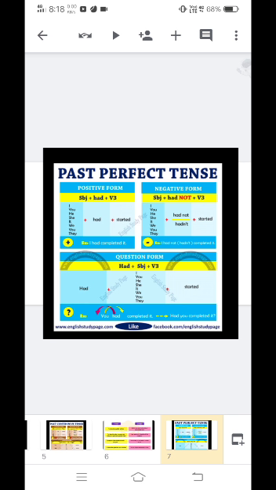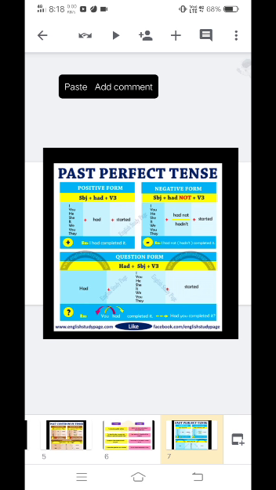Its negative is formed by putting not after had, like we have here I, you, he, she, it, we, they plus had not plus started, verb third form, past participle. Example, I had not completed it.